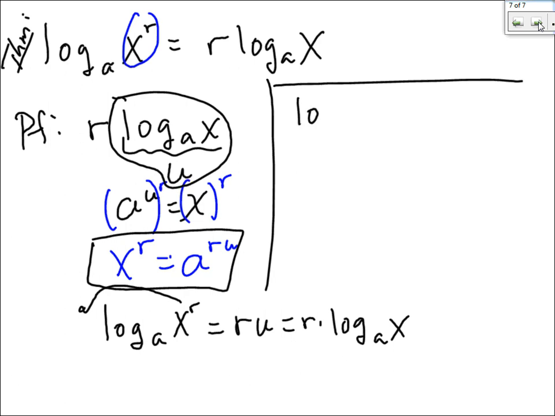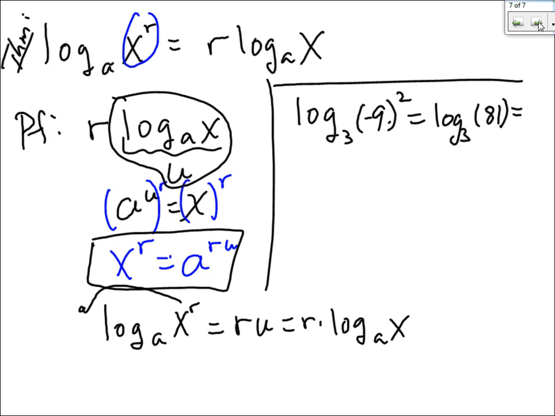For example, if you have log base 3 of negative 9 squared, which is log base 3 of 81.